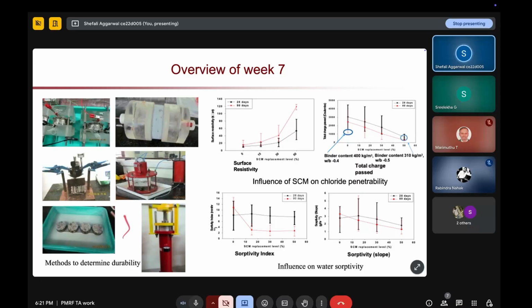These are mainly permeability tests which help us determine the durability of our concrete structure with different mineral admixtures. After this, we look at the influence of different SCMs on these durability properties.